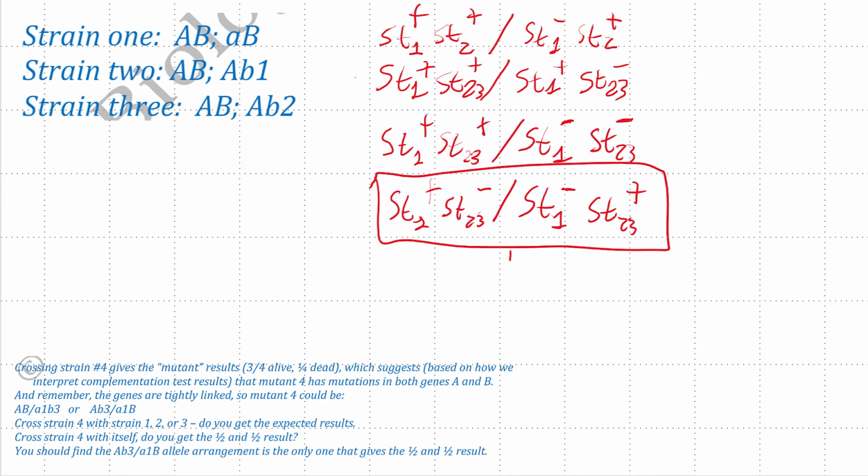So the total number of possible gametes that these mice can produce is going to be 2. They're going to be passed like this. This is one gamete, and this would be the other gamete that this mouse can produce.